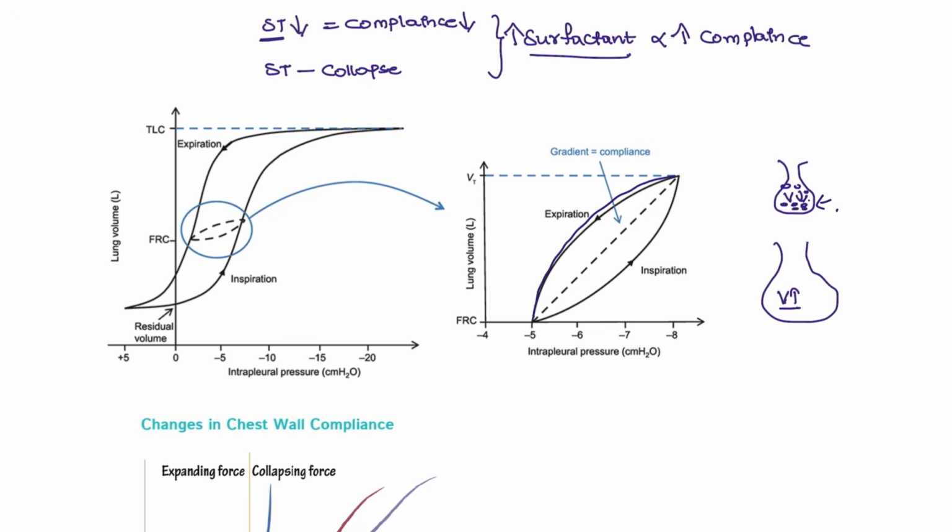Whereas here the volume is very high, but the compliance is low. Why is it low? Because the surfactant is very far from each other, so my compliance will be decreased. That is what the graph depicts about the compliance of the lungs.